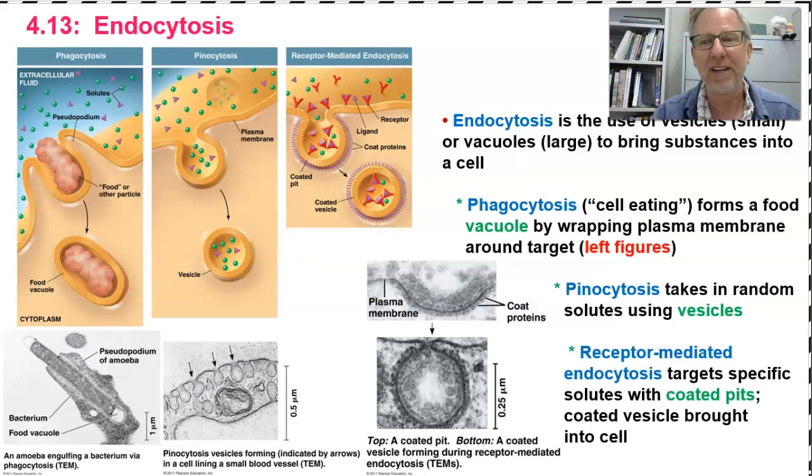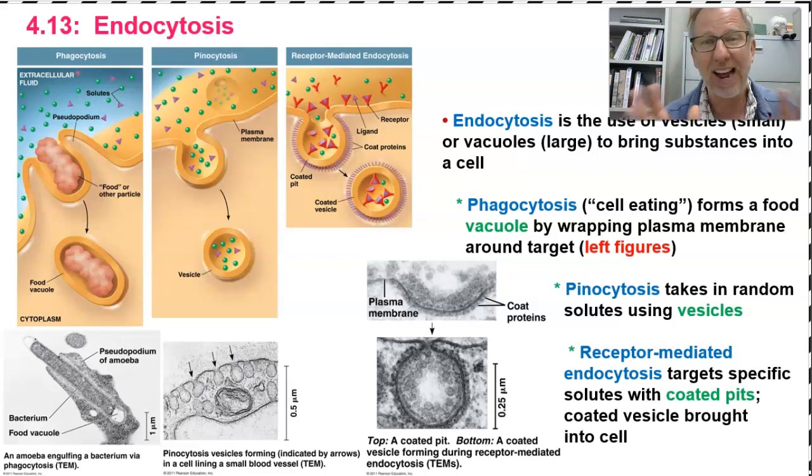Finally, receptor-mediated endocytosis is the most complex, really. So you've got these little cups in the plasma membrane. They're called coated pits. So they're a pit, like a little cup in the membrane, and they are coated with receptors and very specific molecules.